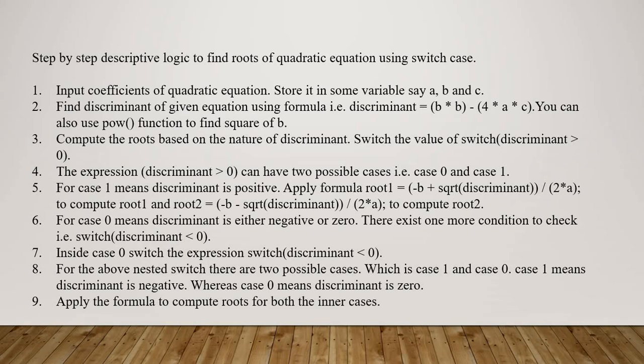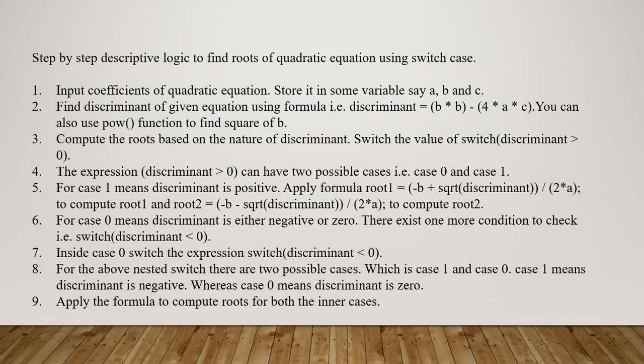Inside case 0, switch the expression this way: discriminant less than 0. For the above nested switch, there are two different possible cases, 1 and 0, that is, 1 true and another false, either positive or negative.